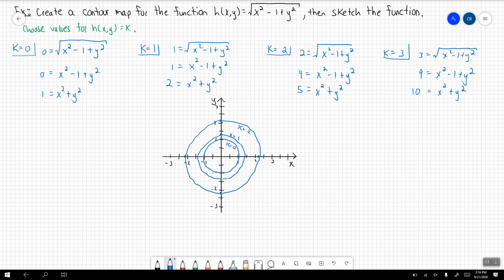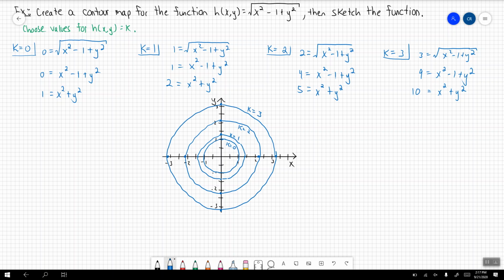Finally, we go with k equal to 3, and we get the square root of 10 as a radius, which approximates to about 3.2, so again we go right above 3. There we are, and this is k equal to 3.